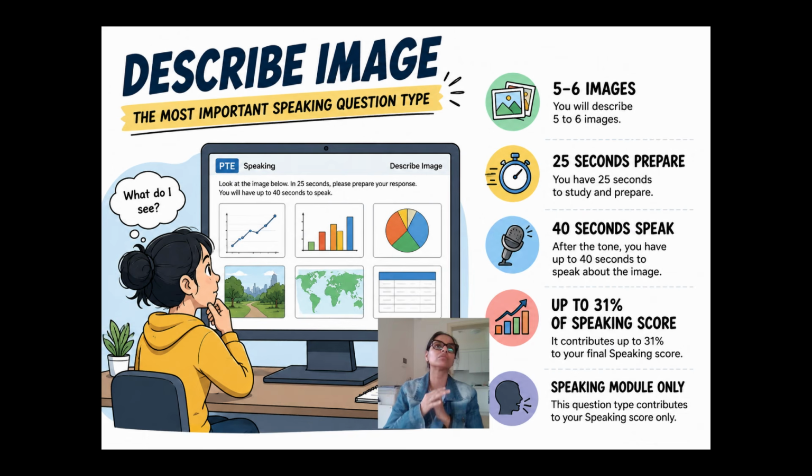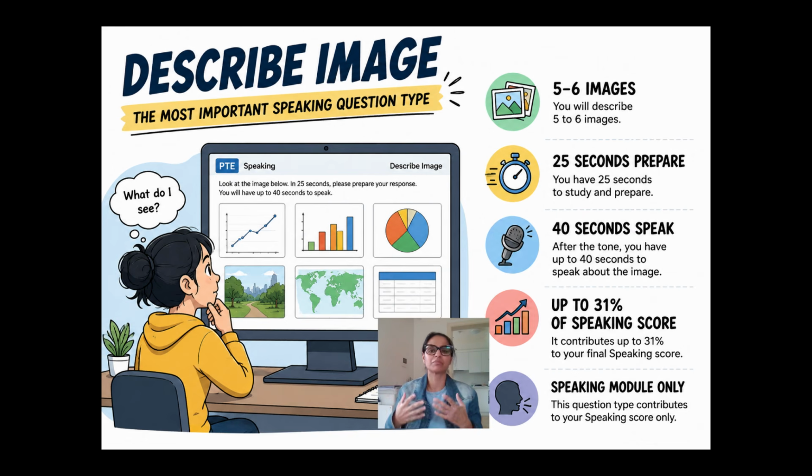And there's a whole group of images you can be given. But the one thing I need you guys to know is that you can be given any kind of image. See over here on the diagram, you can see a line graph, bar graph, pie chart, a photograph of a scenery, a map, and a table. But there's so much more than just that.